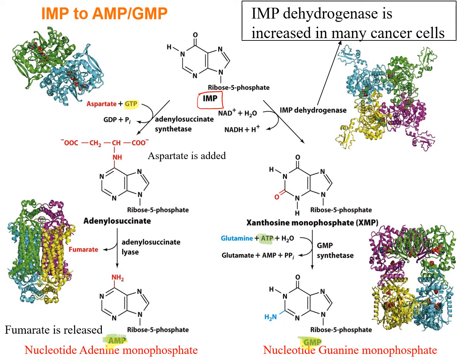So we have this sort of cross-regulation going on here, such that we want equal amounts of both AMP and GMP nucleotides to be generated in the cell. In fact, a disequilibrium, or having one purine over the other, is very, very bad, because that could lead to DNA errors. So let's first go through the pathway in making AMP. Very important that it's recognized that we're making the monophosphate.